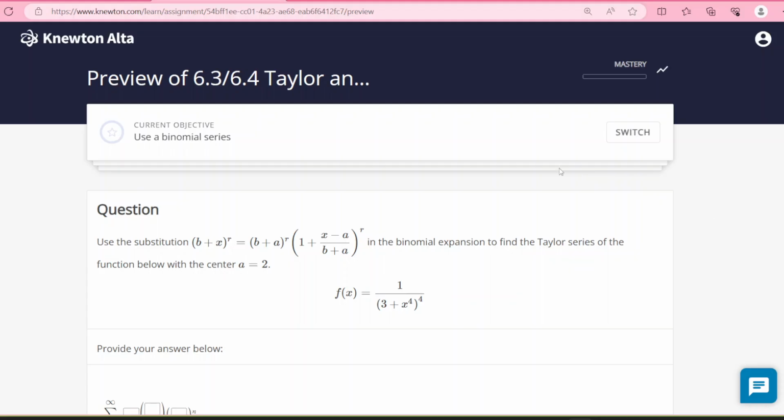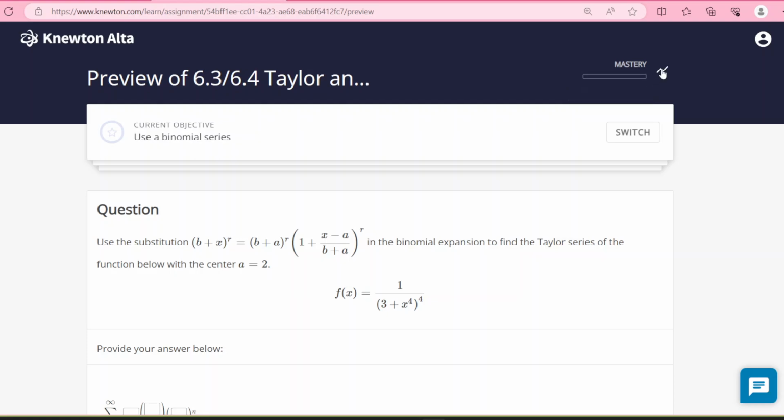All right. So here's what the Newton Alta assignment page looks like. Upper left corner, you have the title of the section without the word preview. In the upper right corner, you have your mastery bar that tells you how far along you've gotten. Now, I'm not going to be completing the entire assignment today.